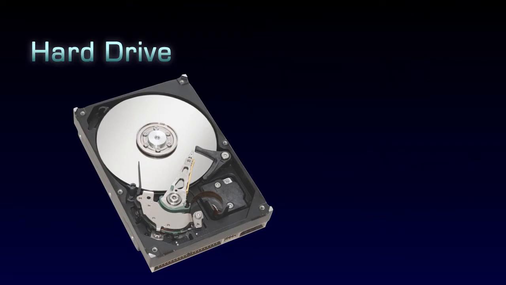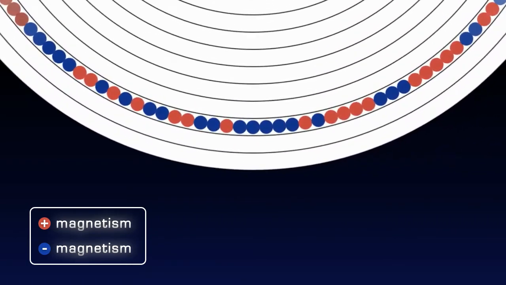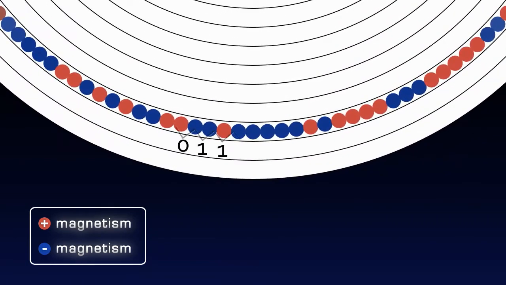Now, these platters that we were talking about conceptually look like this. They're separated into concentric circles called tracks, and these tracks are where information is stored. You've heard everything is binary. Well, that's what it means. Everything is either a positively or negatively charged ion, which is either a 1 or a 0.